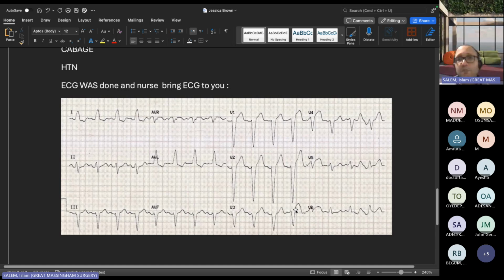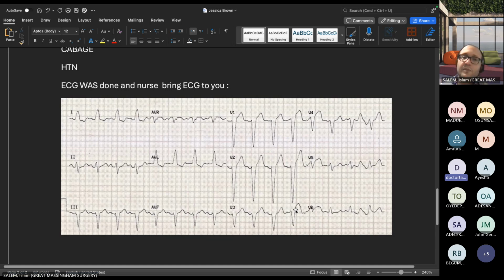Again, very important is the Sgarbossa criteria. So is it Sgarbossa positive or negative? We have to look at whether the ST elevation is concordant or discordant with the R wave of the QRS complex.